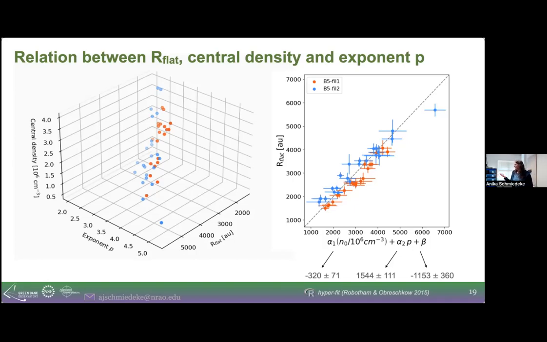Things like flattening radius and exponent are, quote-unquote, easily measured, whereas density is not that easy to measure and deduce. So that would be a nice way to get the density of filamentary regions.